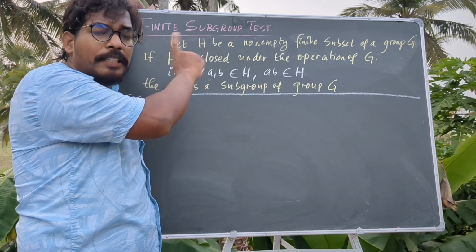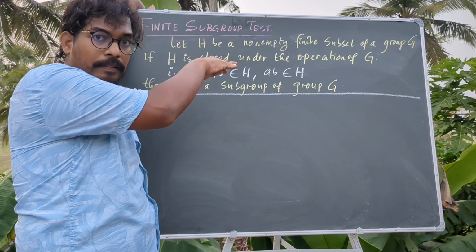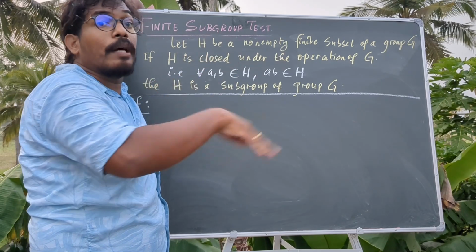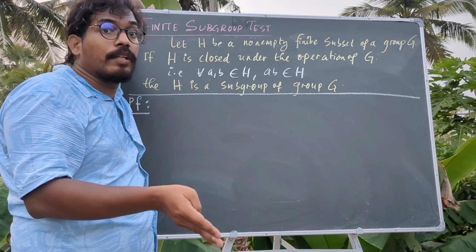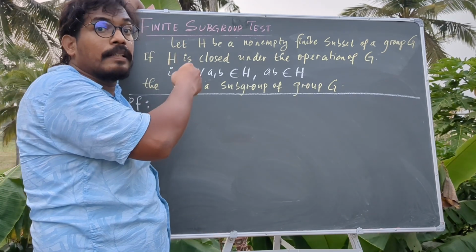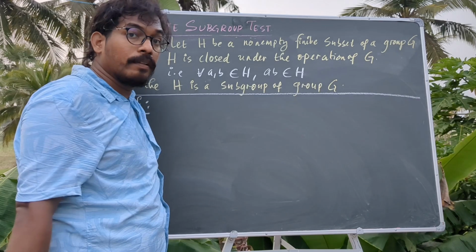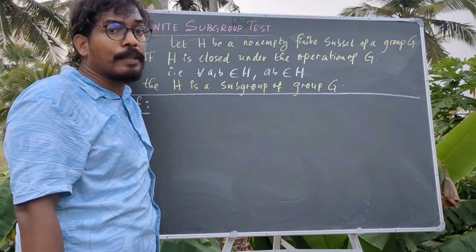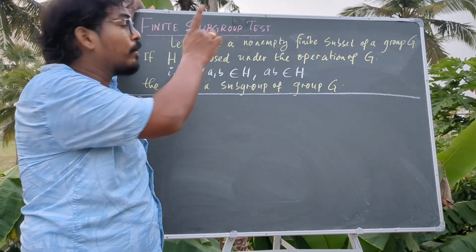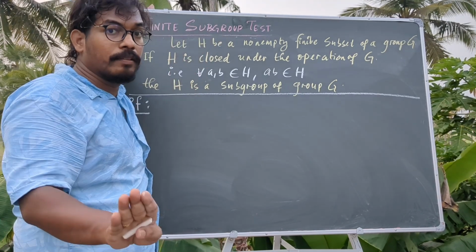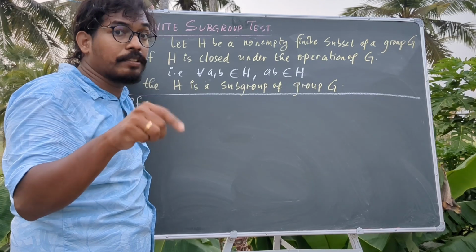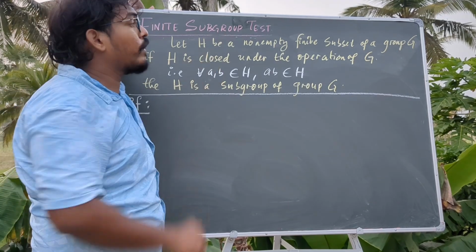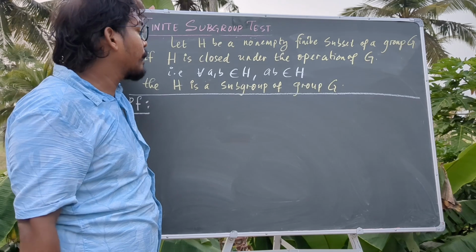We will see if this finiteness forces the set to have the second property, then this set is a subgroup of the group. So basically we will use the two-step subgroup test because we have the first step here already. We only have to show the second step with the use of finiteness of the subset.